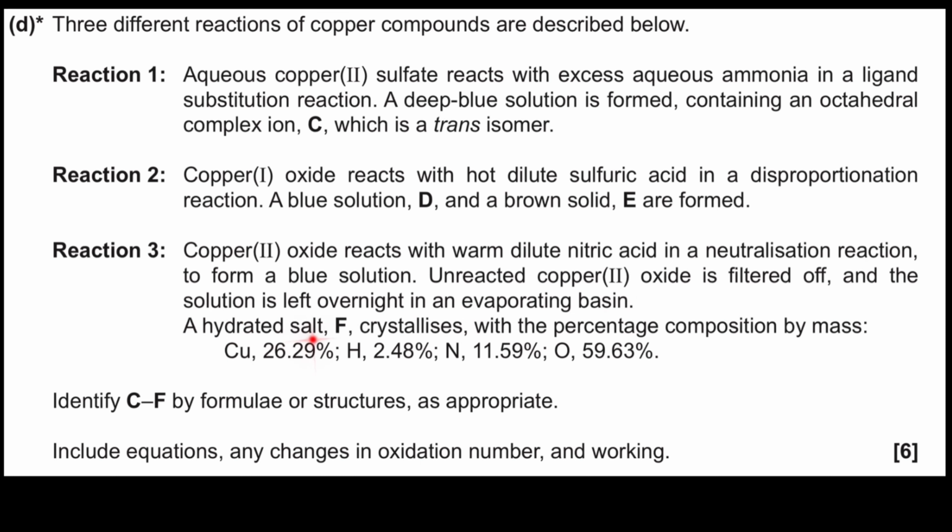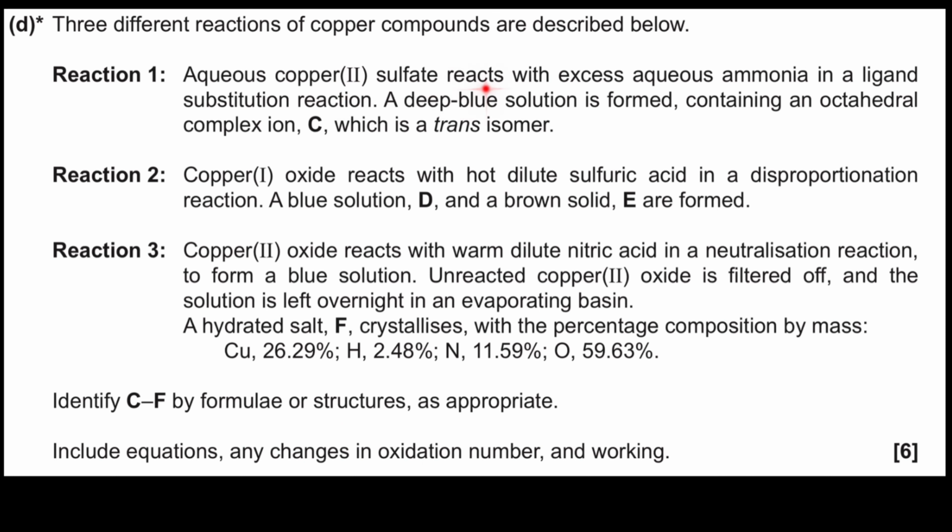A hydrated salt F crystallizes with the percentage composition by mass: copper 26.29%, hydrogen 2.48%, nitrogen 11.59%, oxygen 59.63%. Identify C to F by formulae or structures as appropriate. Include equations, any changes in oxidation number and working.